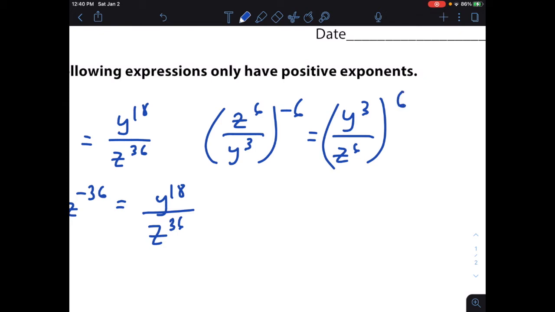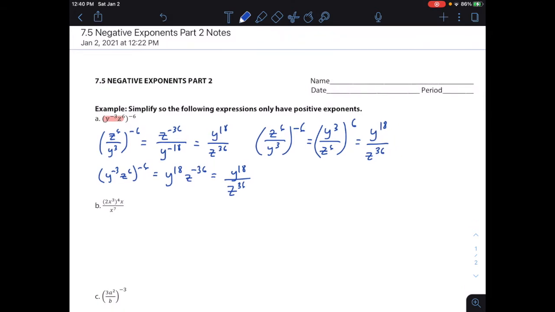Then I apply the power rule. So I have y to the 18th over z to the 36. And so you can see I ended up with the same answer with all three of those. So it's just three different ways we can approach doing this based on the different rules that we have. Really it depends on what you see and what you prefer. So it's up to you. There isn't necessarily one right way to do it.